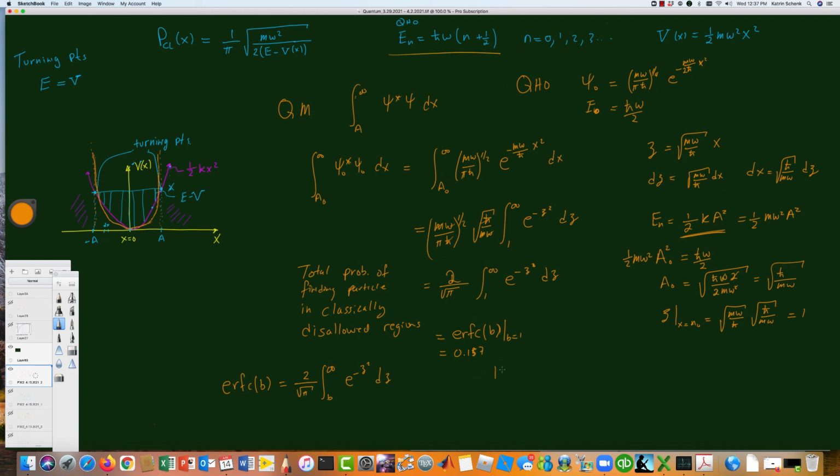So here we go: 15.7% chance of finding the particle outside a classically allowed region. Okay, kind of amazing. All right, so I'm going to show you that simulation now.